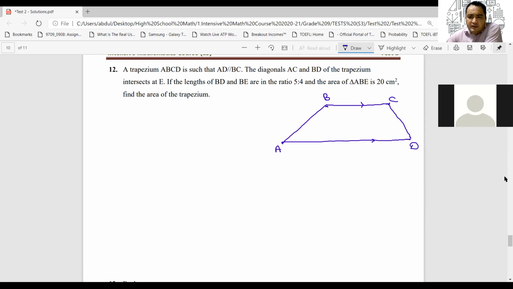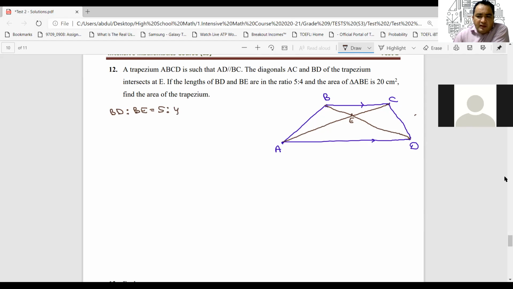Okay, all right. So here, these are the diagonals, right? This point is E. It states that the diagonals AC and BD of the trapezium intersect at E. If the lengths of BD and BE are in the ratio, that means BD to BE is in the ratio 5:4.